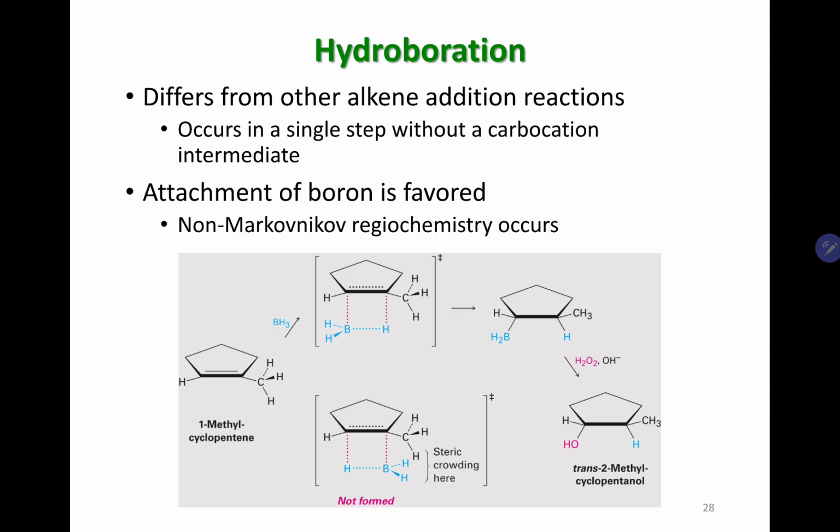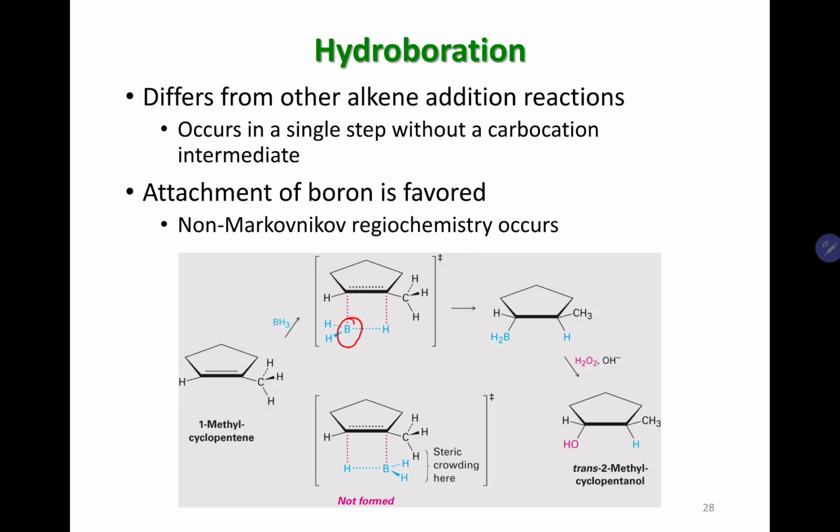So here is the mechanism, or this basically explains the final product using the intermediate. Okay, so as you can see, in BH3 the electrophilic atom is actually boron. So boron is going to align with the rich carbon.